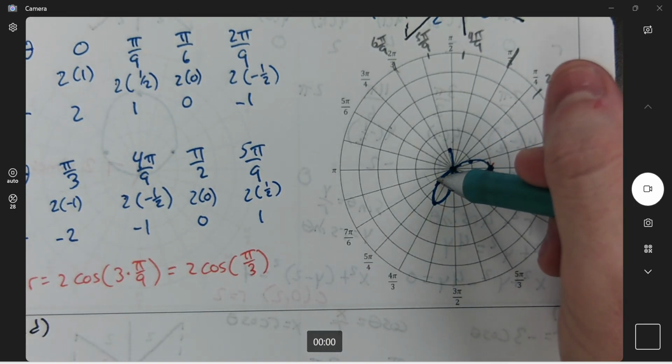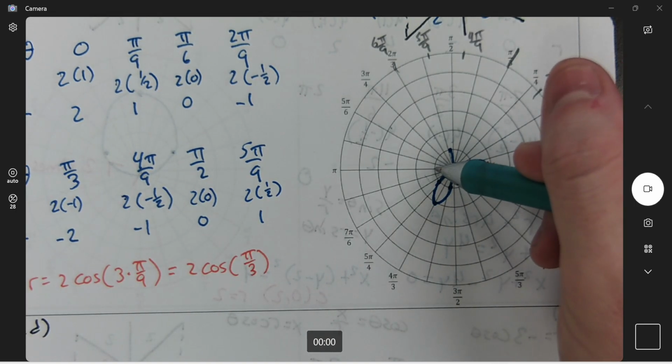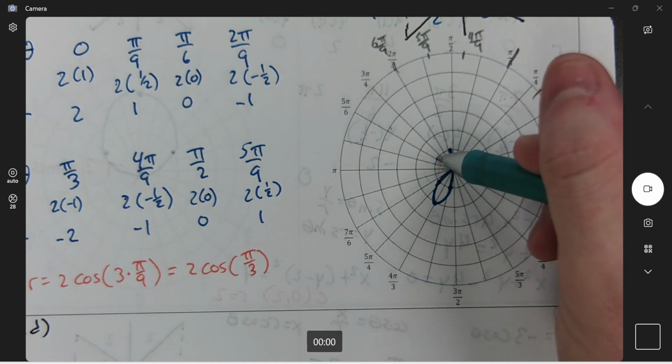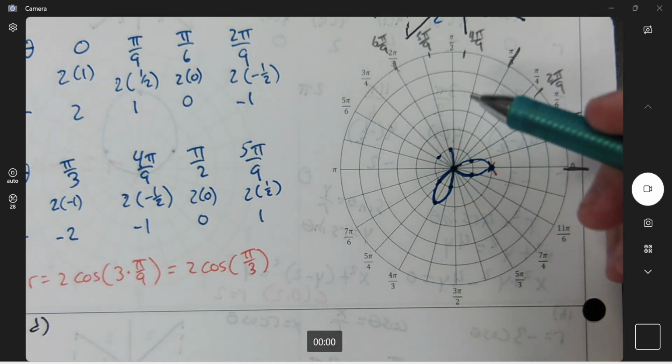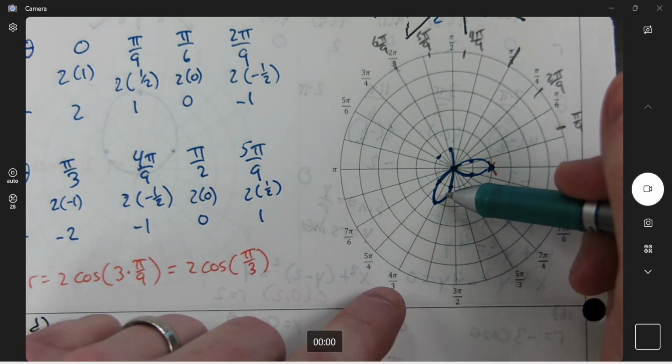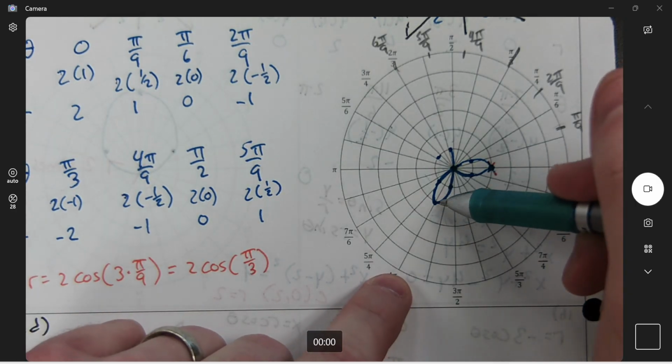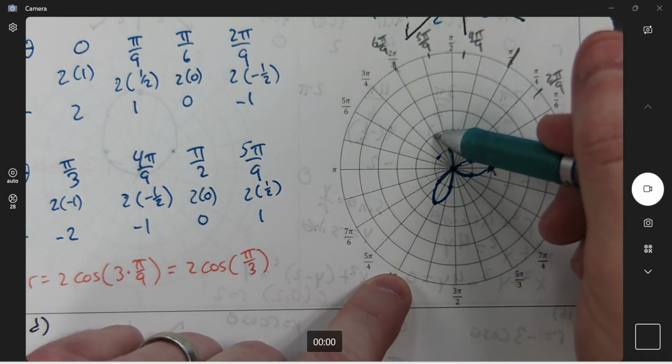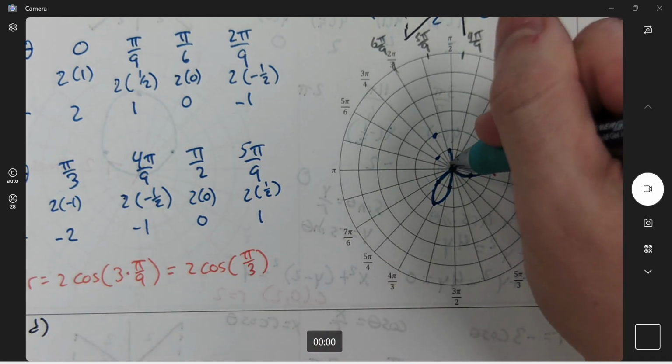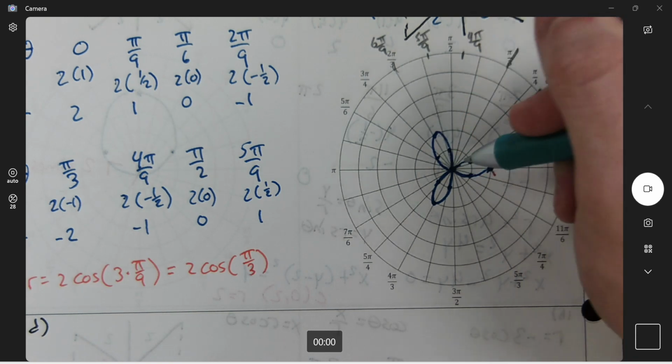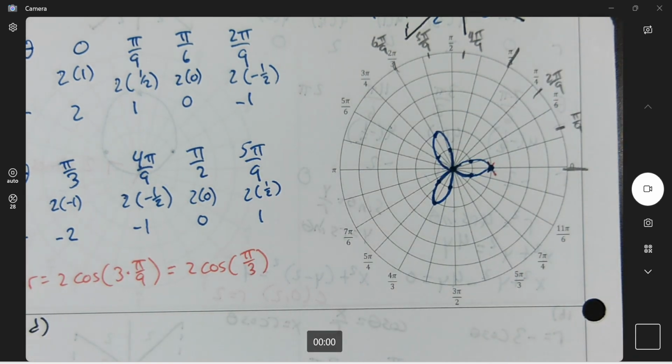This point would reflect to there-ish, and this point reflects to, was that the second ring? There. So here's the whole image. And to be honest with you, it actually goes around this 2 times. It goes around twice.